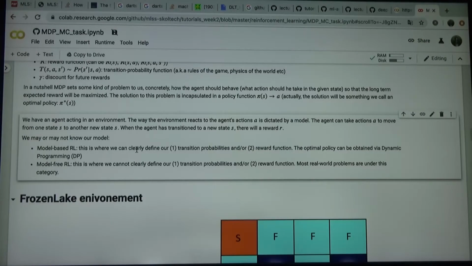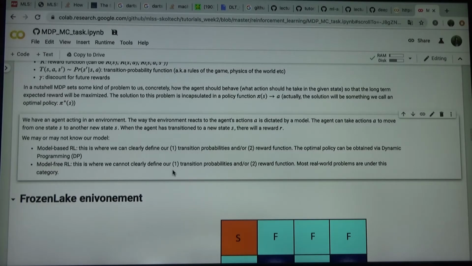And another thing, I hope today we will cover two types of reinforcement learning problems. One of them is model-based reinforcement learning. This is exactly what we are going to do right now. It's a very classical MDP: we know the transition probability function, we know the reward function, and we know that the optimal policy can be found.